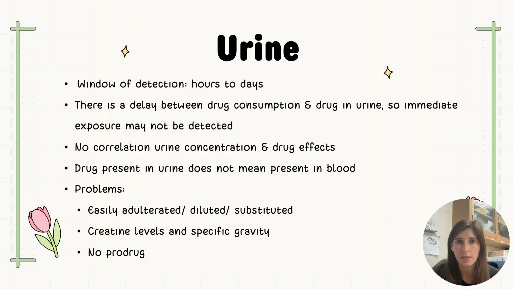However, we can do things like test creatinine levels and specific gravity to test for any sort of adulteration or dilution. And usually we don't find the presence of a prodrug in urine samples because it's already been metabolized. It's definitely possible that some parent drug is excreted in the urine, but prodrug is not really going to be found.